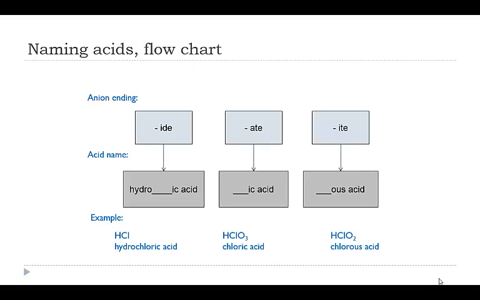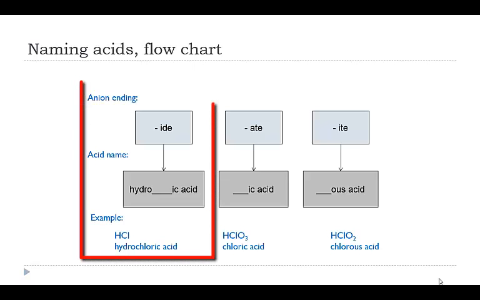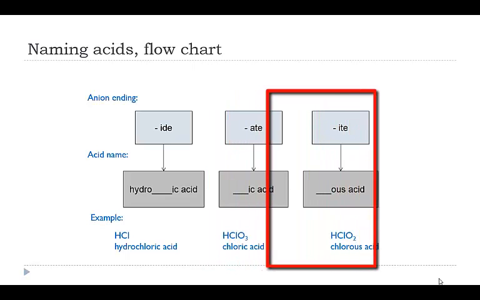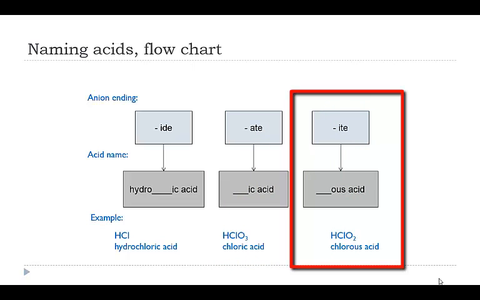So here's a flow chart. The anion ends in IDE. The acid name is hydro, whatever it is, ic acid. Chloride becomes hydrochloric acid. If the anion ends in ate, then the acid ends in ic. So chlorate becomes chloric acid. If the anion ends in ite, then the acid name ends in ous acid.